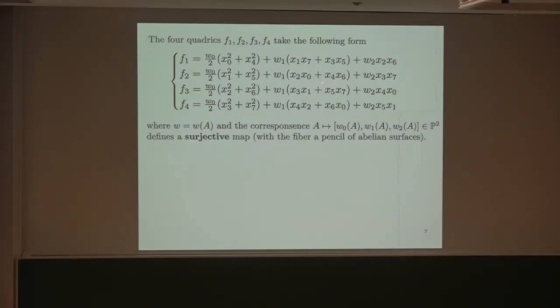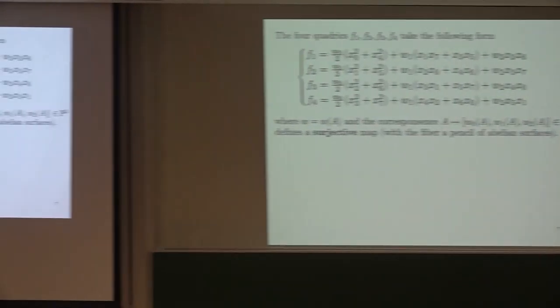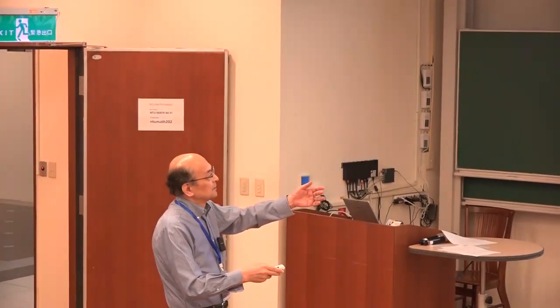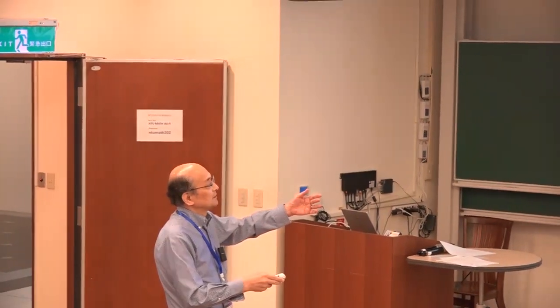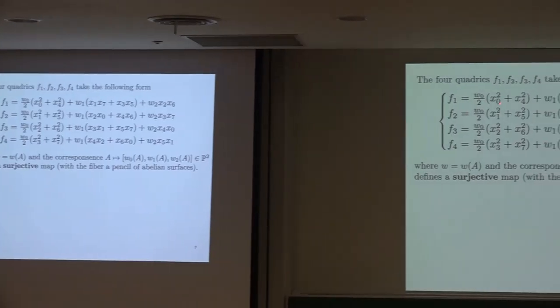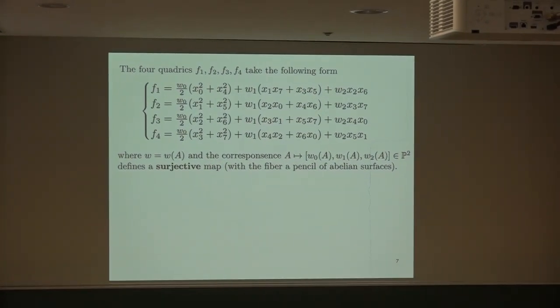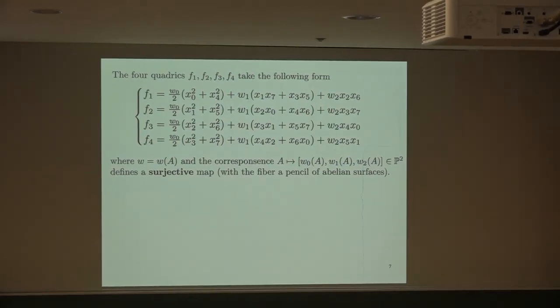The four quadrics have a form something like this. A very nice form, because of the Heisenberg group invariance I explained. Sigma is just an index shift, which acts as a shift on the indices.